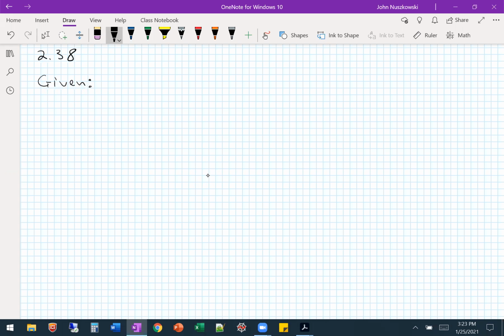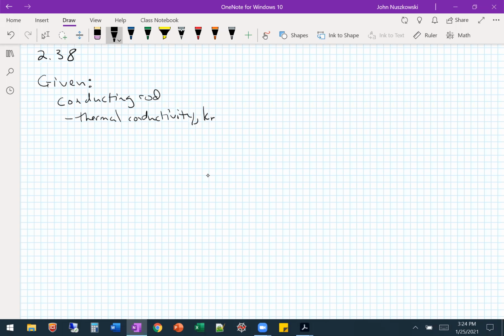All right, so we're given a conducting rod, which has thermal conductivity Kr.